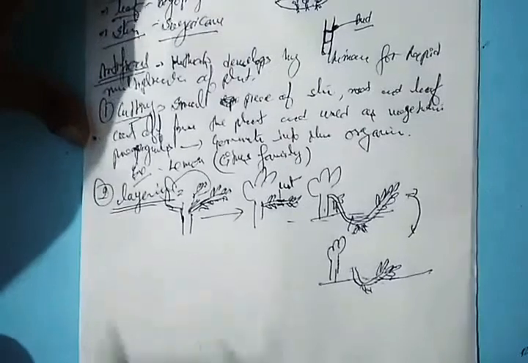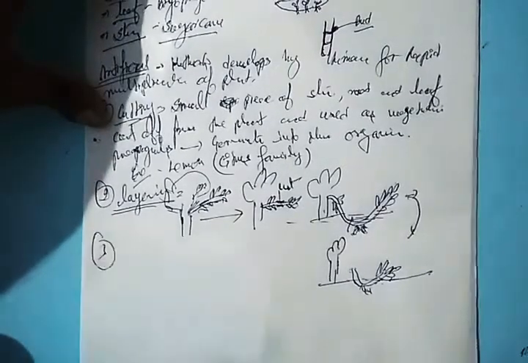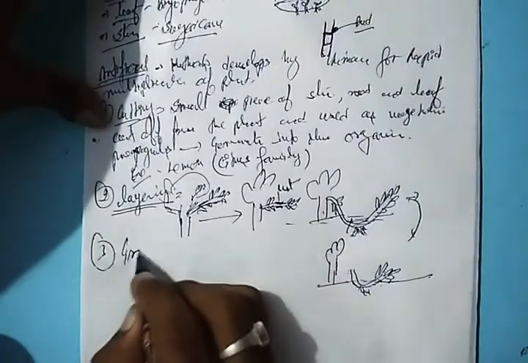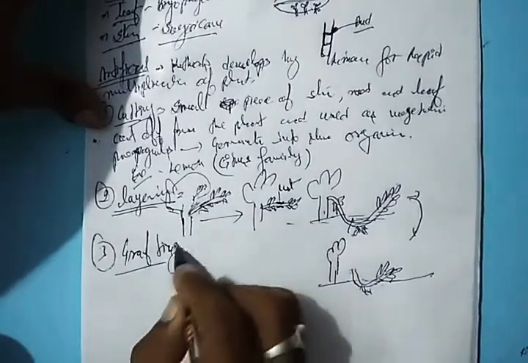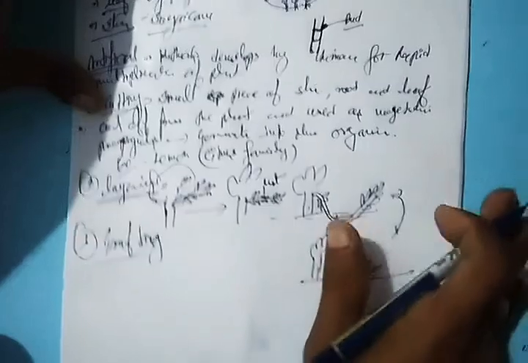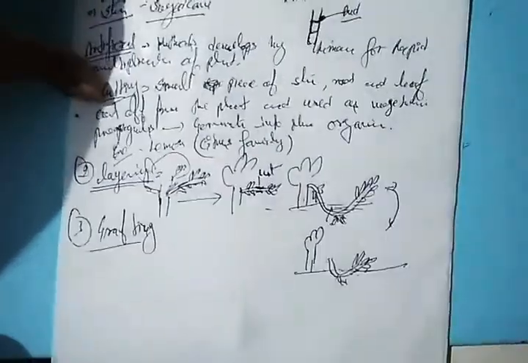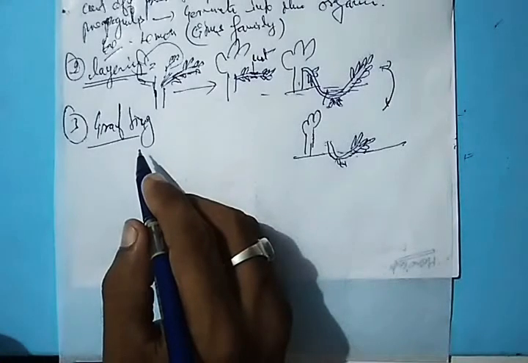The next process is grafting. What is grafting? During grafting, we place one stem above another.